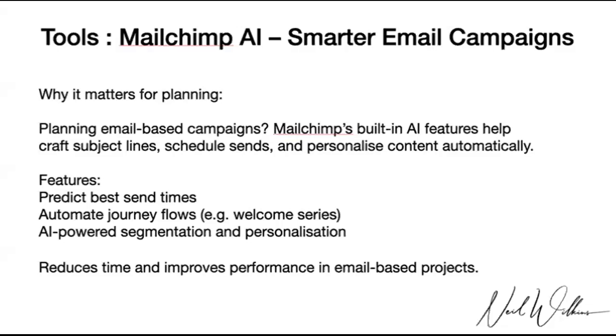You can use its inbuilt AI features to help craft even more appropriate subject lines, to schedule sends at the best possible time, and to personalize content automatically. It will predict the best send times based on audience profiling and past performance of campaigns.